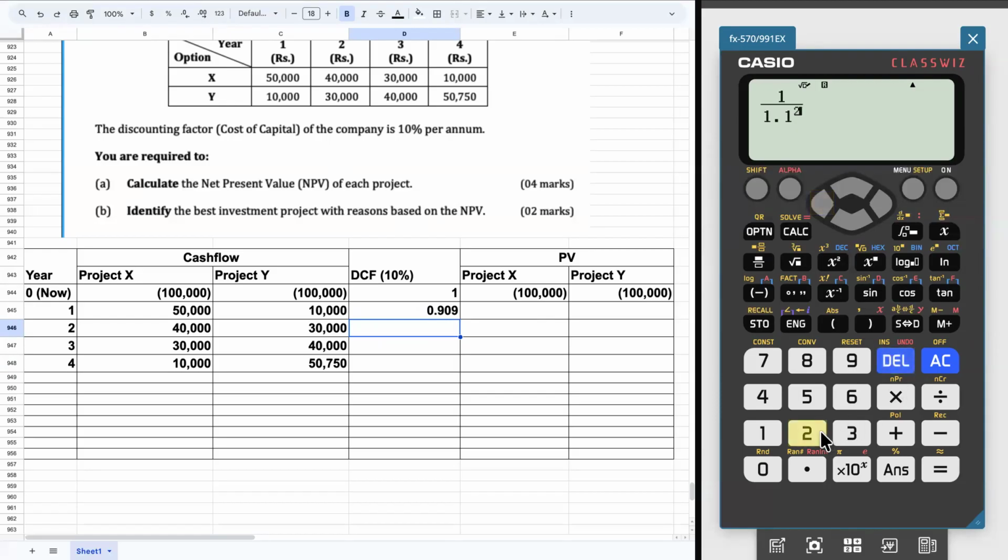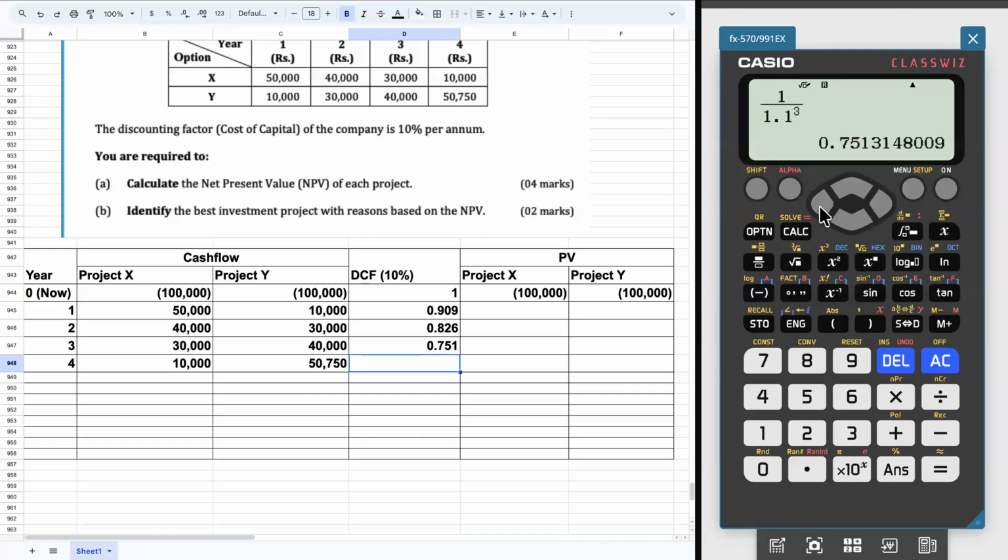If you put 2, it will give you the second year discounting factor, 0.826, right? And if you change the power to 3, it will give you this value, 0.751.